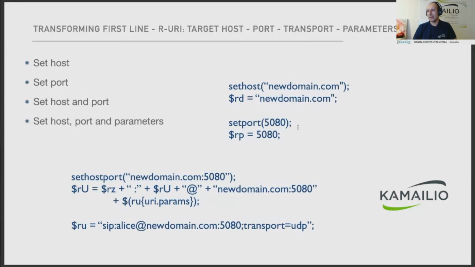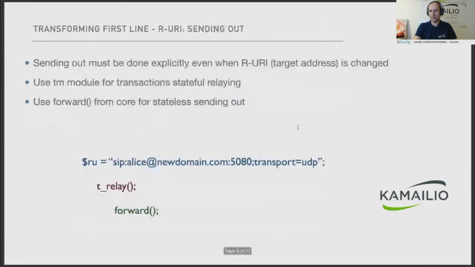As you can see here, you can also combine in an expression with other variables. $rz is the schema like sip, sips, tel, whatever it was in the incoming request, then the user part, and then concatenation with the HostPort, newdomain and 5080, plus taking the parameters from the incoming URI. So it's full flexibility to build parts or the entire value with an expression, and then do the assignment to this value.